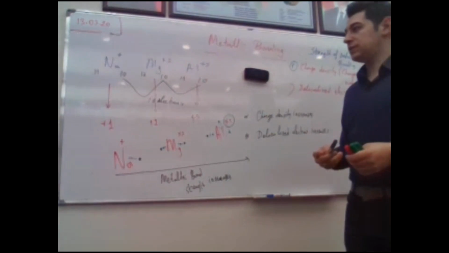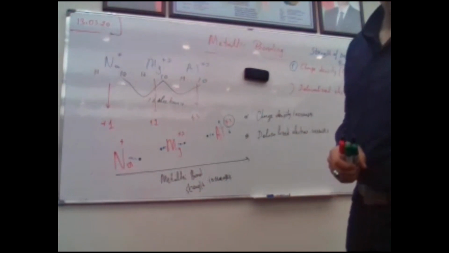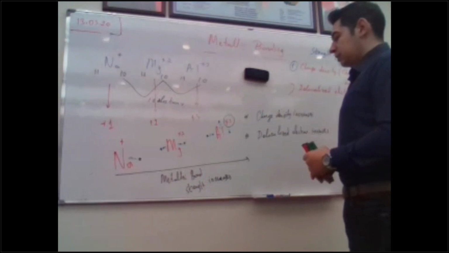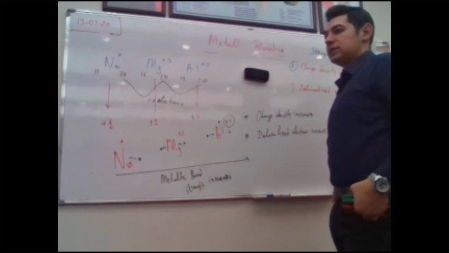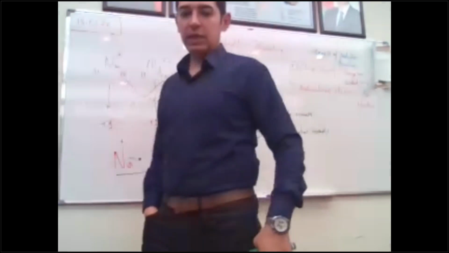So the more positive your metal ion, the stronger its metallic bond strength will be. As the number of delocalized electrons increases, it will have stronger metallic bonding here.